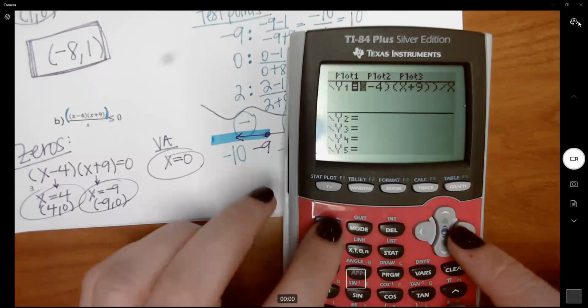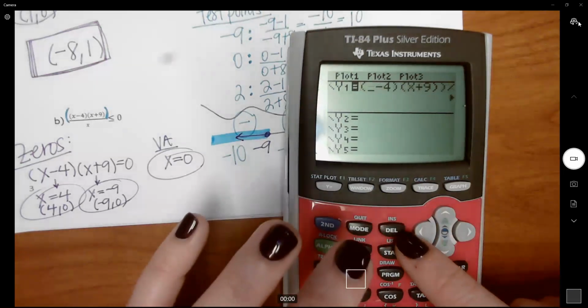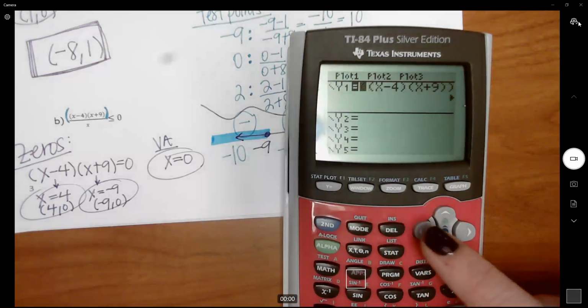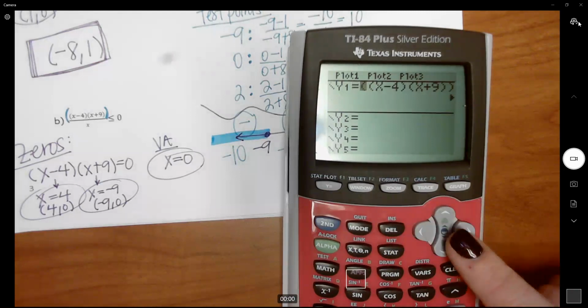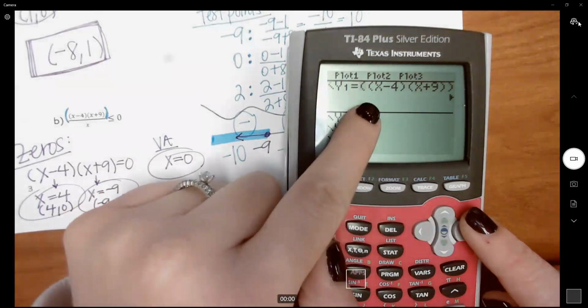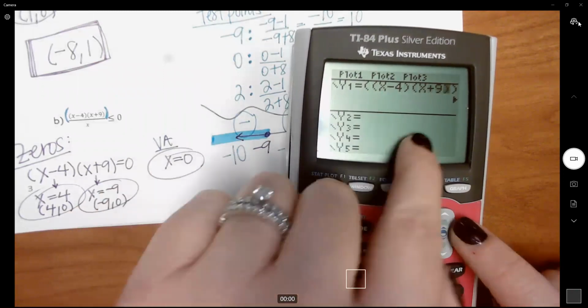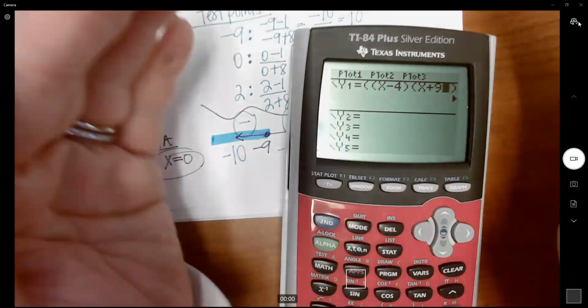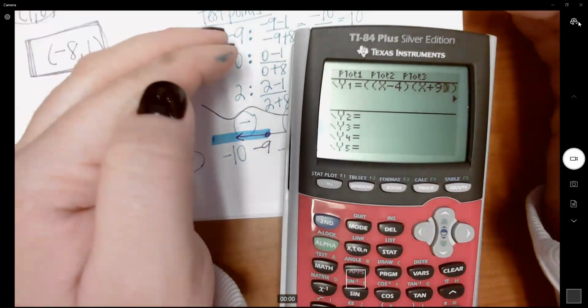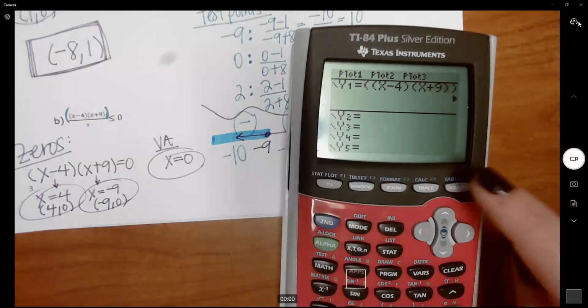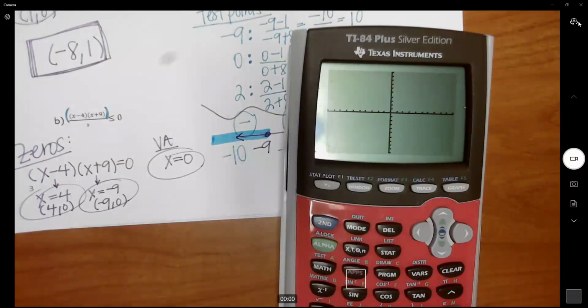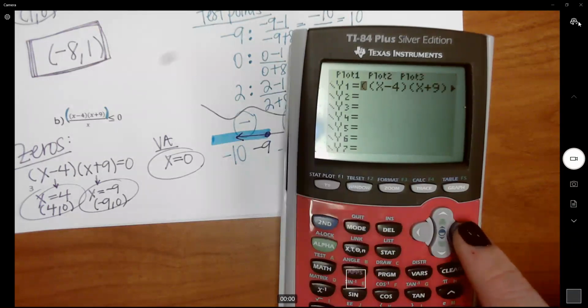And I think I might have messed something up. Because now that equals, okay, there we go. Okay, so double parentheses, because you're letting them know that whole portion is on the top. Okay, so I'm going to graph it.